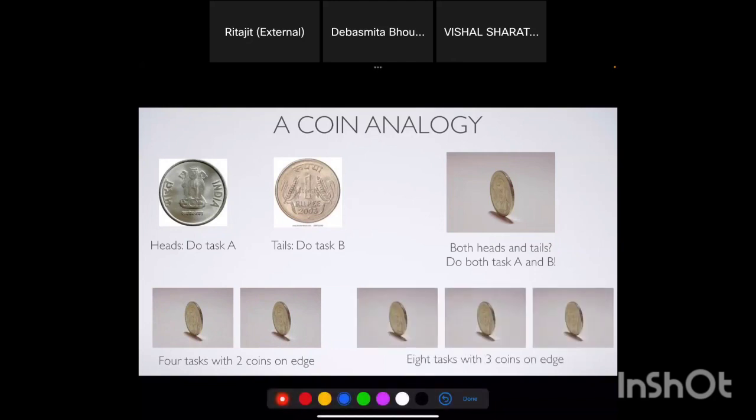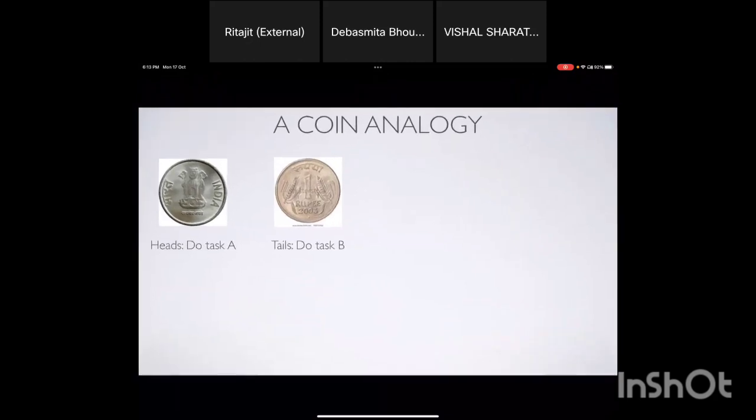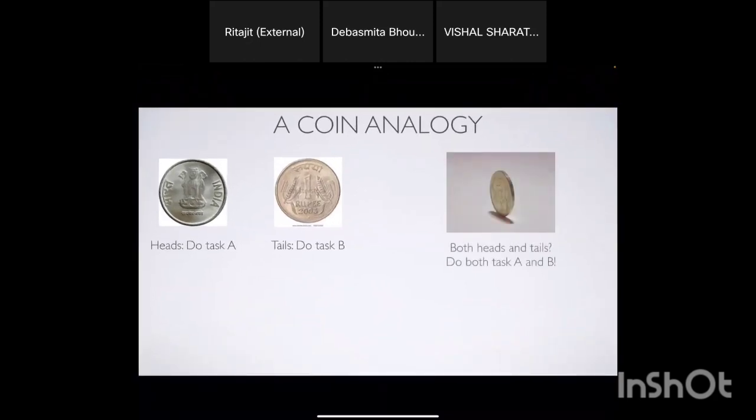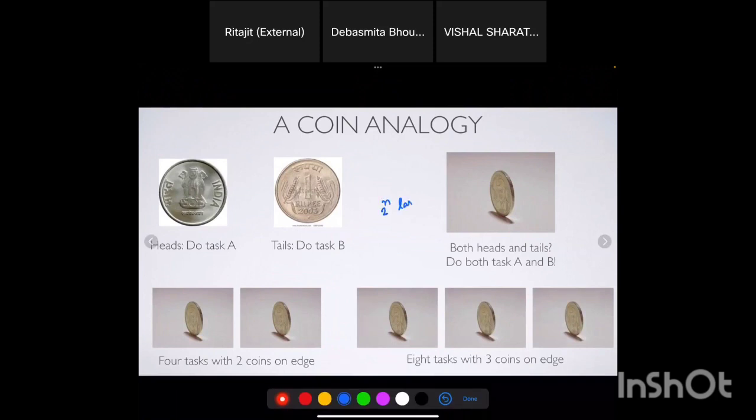Similarly, with three coins, you have eight tasks. So this is growing exponentially. If you have n such coins on the edge, you can do 2 to the power n tasks with n coins. This is something that gives exponential speedup to quantum computation.